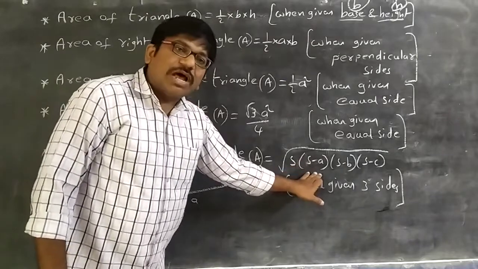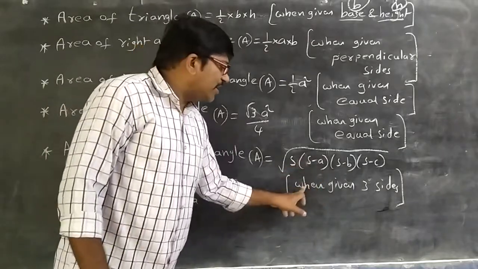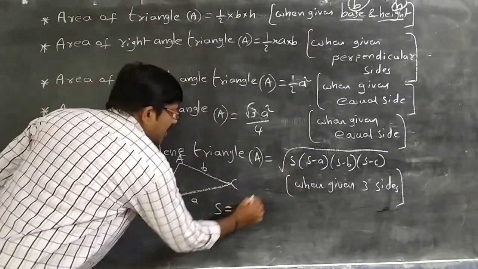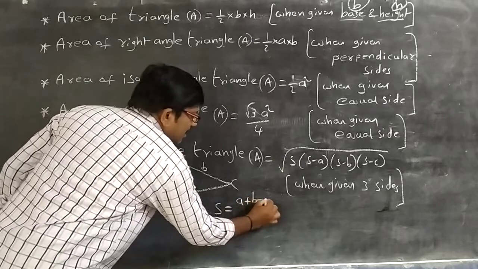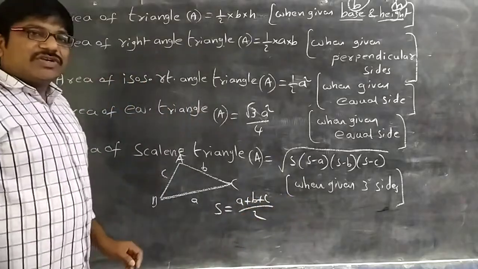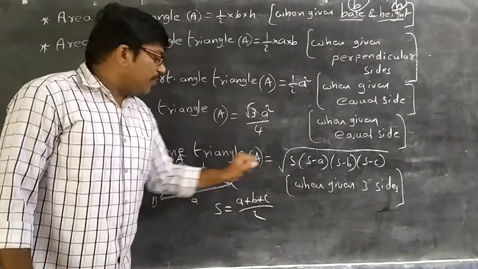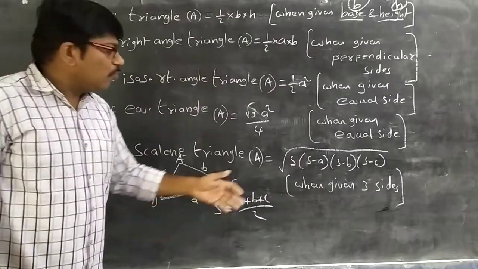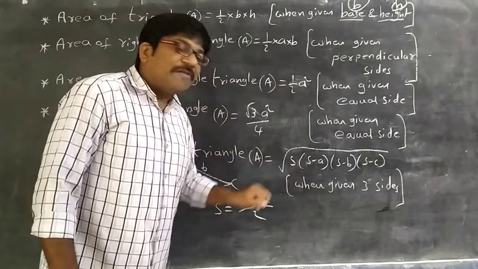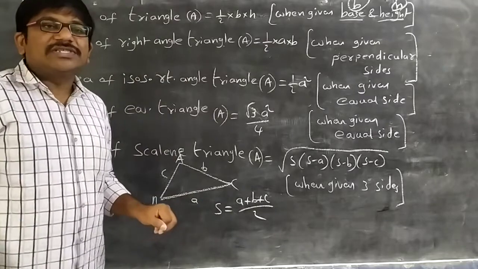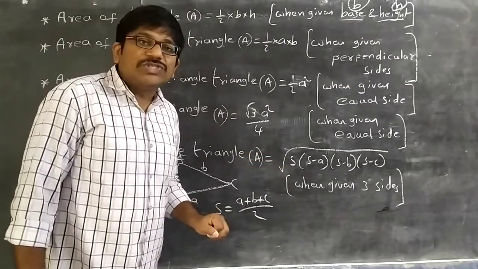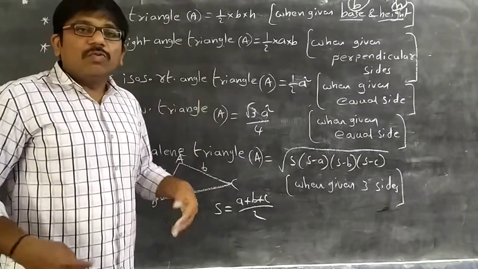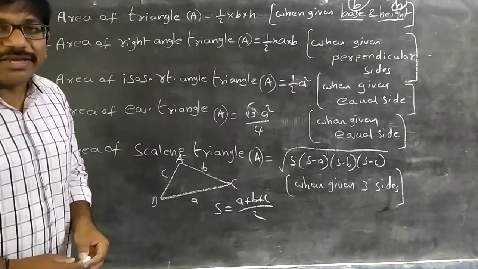We use this formula to find the area of a scalene triangle when given three sides. Here S is equal to A plus B plus C by 2, right? This formula was invented by Heron, so it is called Heron's formula, right? So keep in your mind, by using these formulas, we can find the area of different triangles, right?